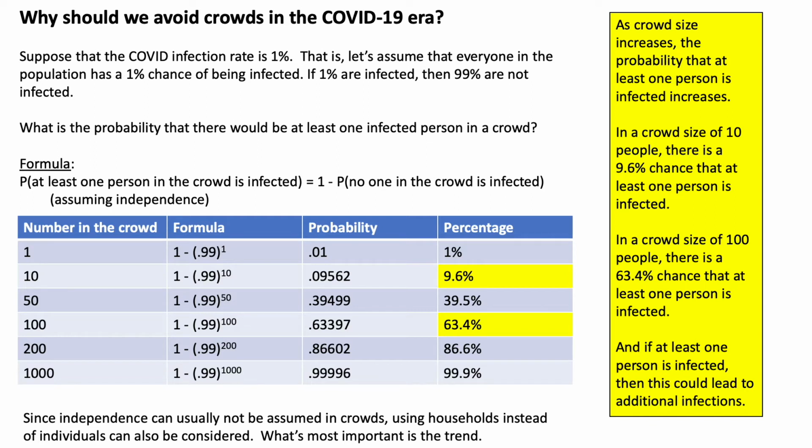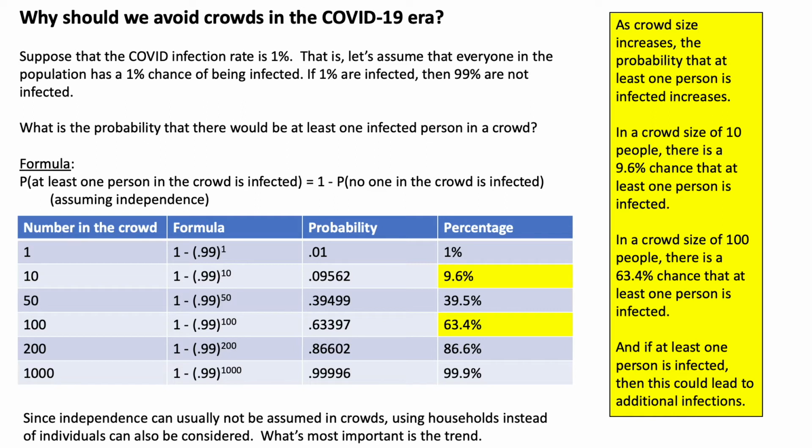If the COVID infection rate is 1%, that means 1% of the population is infected, which means 99% of the population is not infected. So we're going to calculate then, what is the probability that at least one person is infected? So that means at least one person or two people or three people in a crowd are infected and so on.